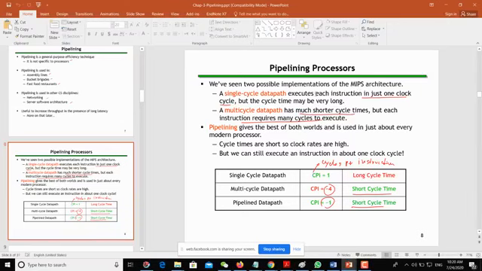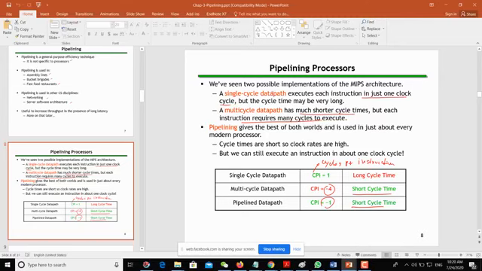A single cycle data path executes each instruction in just one clock cycle, but the cycle time may be very long. A multi-cycle data path has much shorter cycle times, but each instruction requires many cycles to execute.